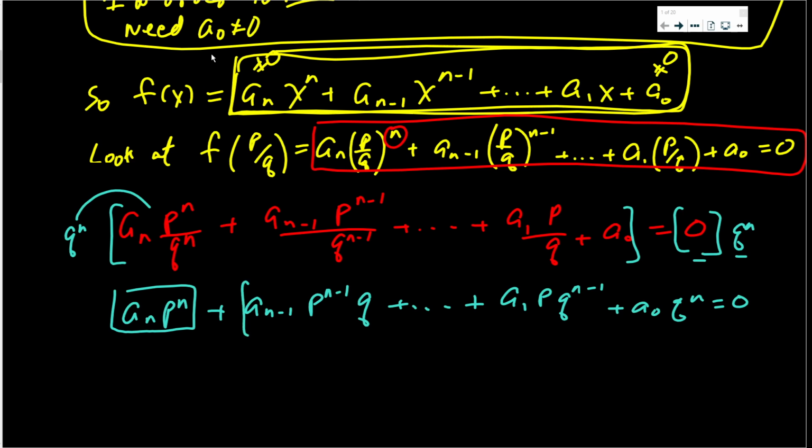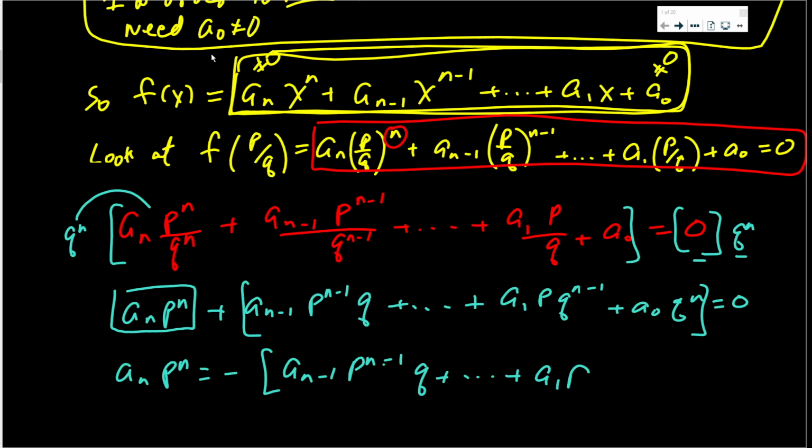That is, I'm going to bring all of this over to the other side. So I get a_n p to the n is minus a_{n-1} p to the n minus 1 times q, and so on.